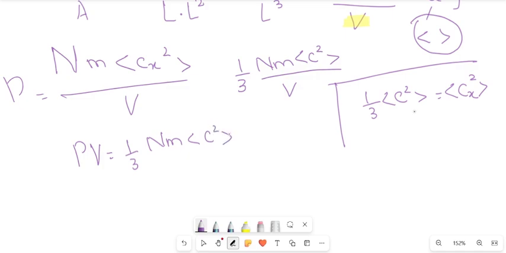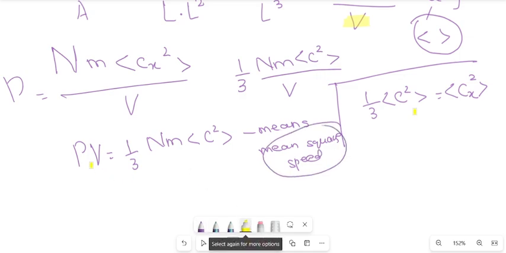This c square means the mean square speed. So we started off with, so let me explain. This is our final formula.